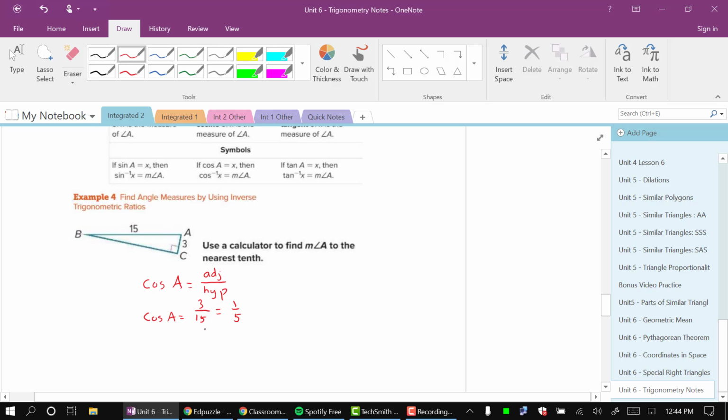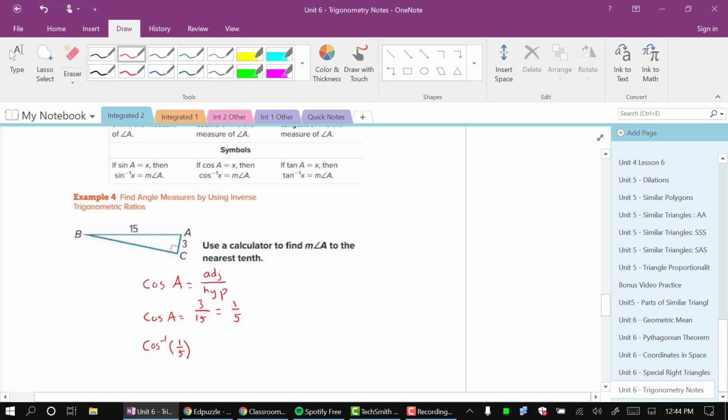Okay, so that's where we stopped. Now let's use this inverse idea. I want to find the inverse of cosine, which is going to bring the 1/5 over to the other side.